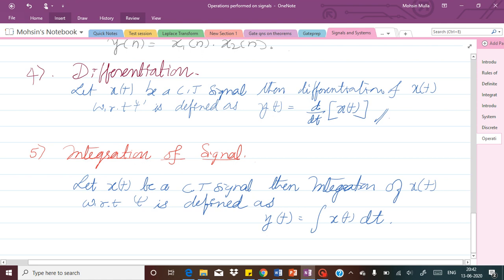Okay, so these two operations can only be performed on the continuous time signal. These operations cannot be performed on the discrete time signals.